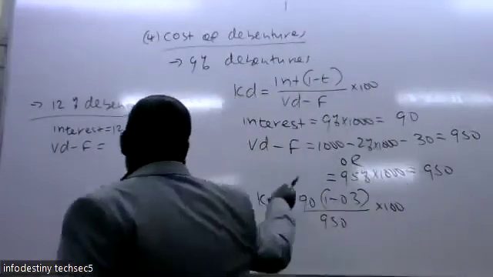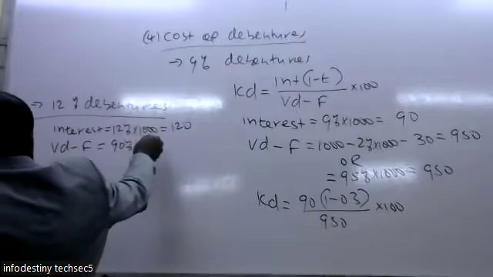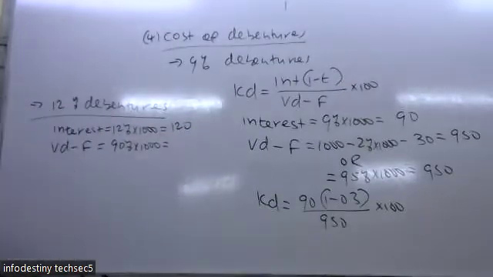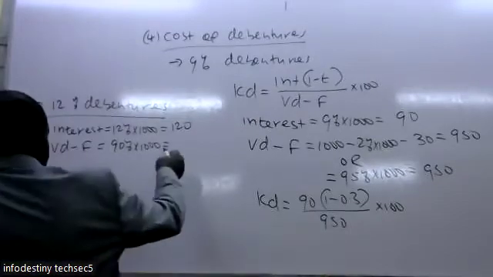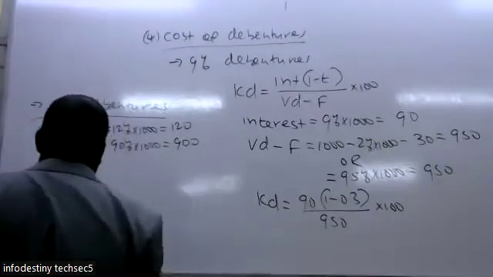So we do it the way we have done that part. You just get 90% of 1,000, which is 900.